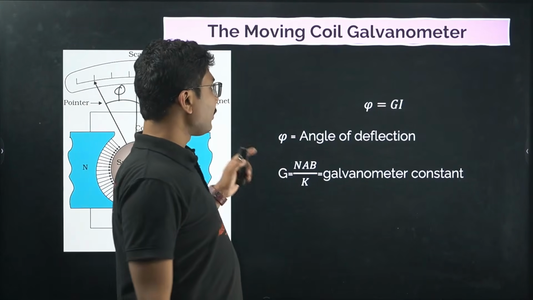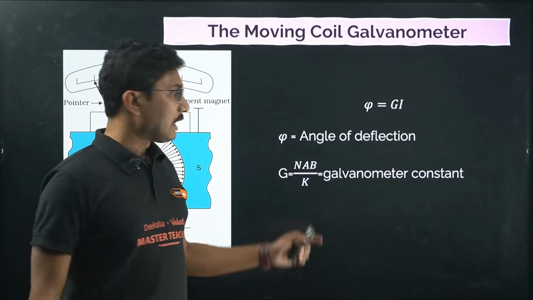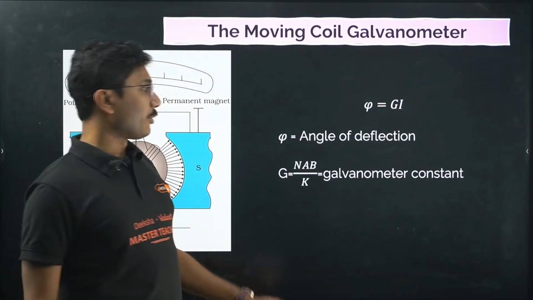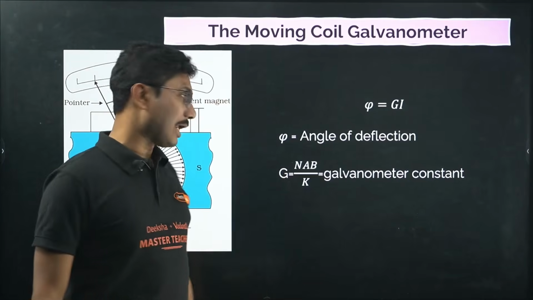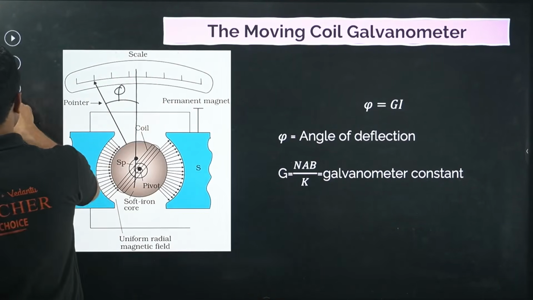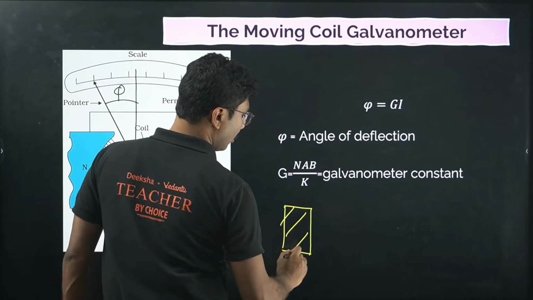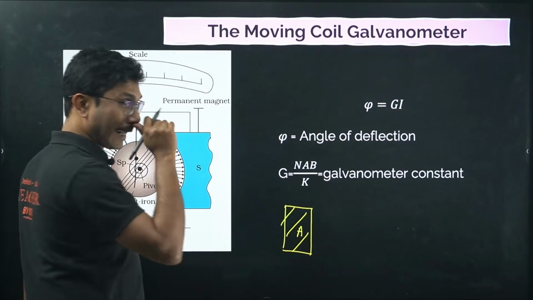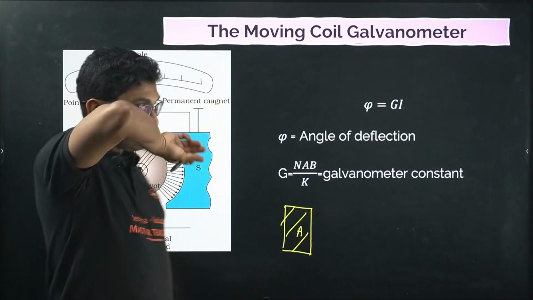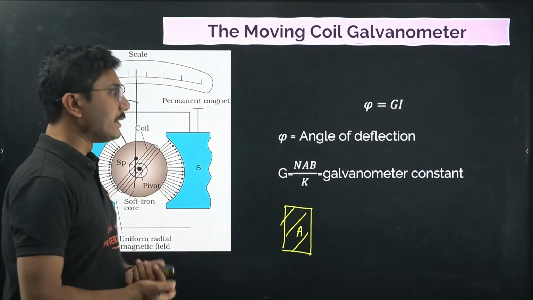Now the galvanometer constant for a given galvanometer is given by NAB divided by K. N is the total number of turns in the galvanometer, A is the area of the galvanometer loop. So if this is a loop, how many loops are there? Total N number of loops are there, and the area of one loop is say A. So this is NA, B is the already existing magnetic field, and K is the spring constant. So including everything, we get the galvanometer constant, which for a given galvanometer is constant.